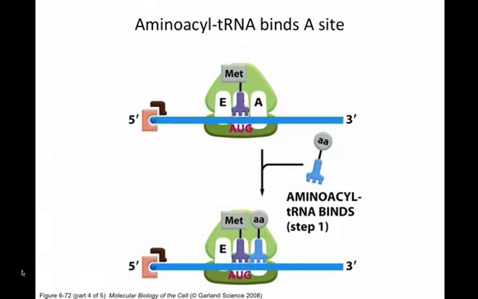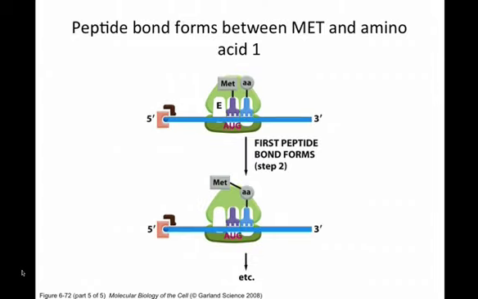So this is the process, right? You found your first AUG. The large ribosomal subunit is going to bind and assemble, and then your aminoacyl tRNA is going to bind to your A site. Then we go through the process that we talked about before, where you get a peptide bond forming between your methionine and your first amino acid, and so on and so on.